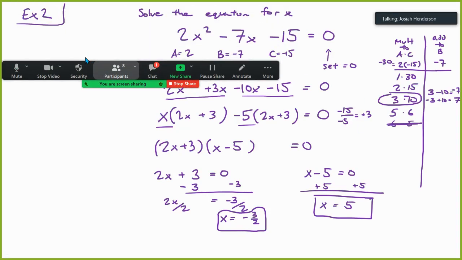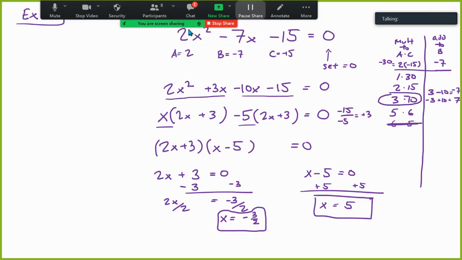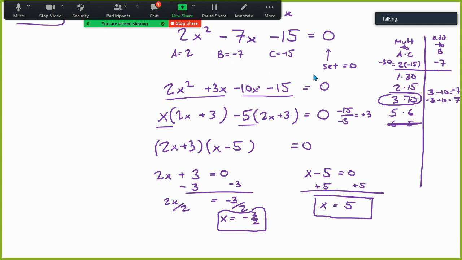I hope you're seeing that the process we did is the same as normal. It's just that we had a fraction answer. And when we get to the parentheses stage right here, we have a clue that we're going to have a fraction answer because we have 2x plus 3, because the x has a coefficient that's not 1.